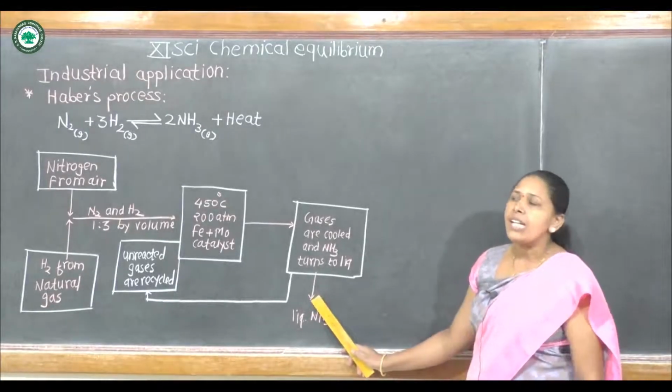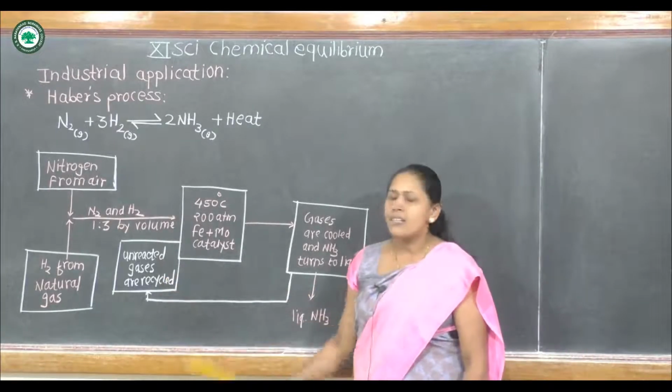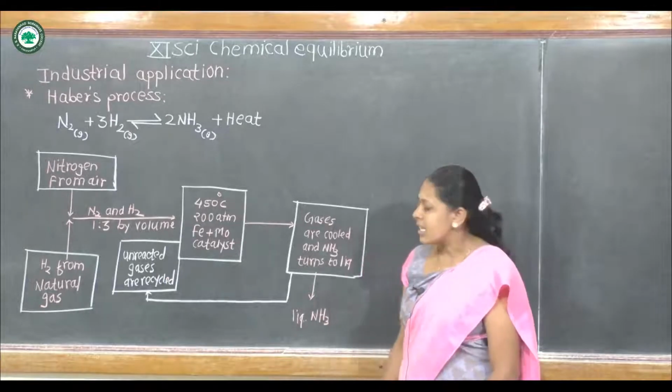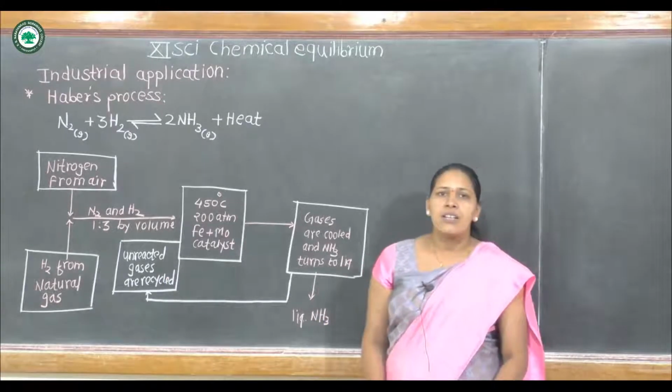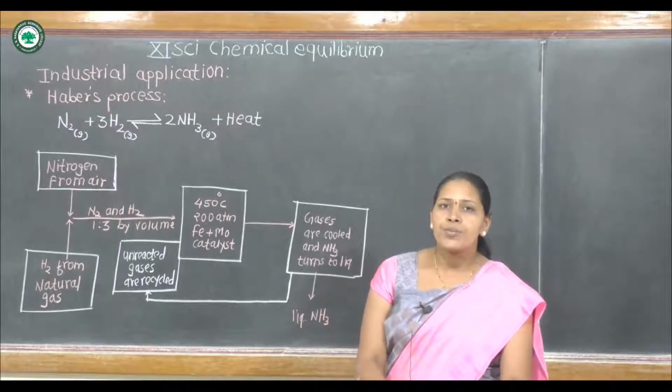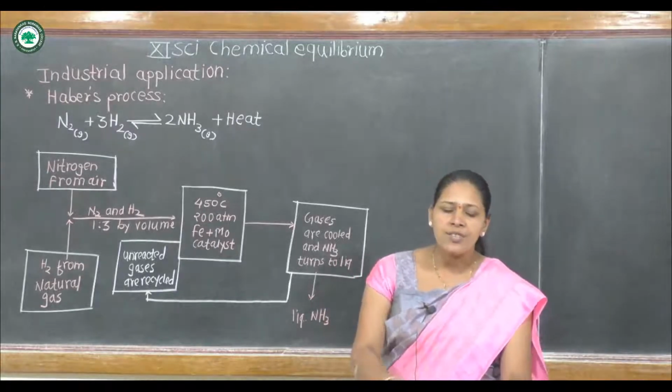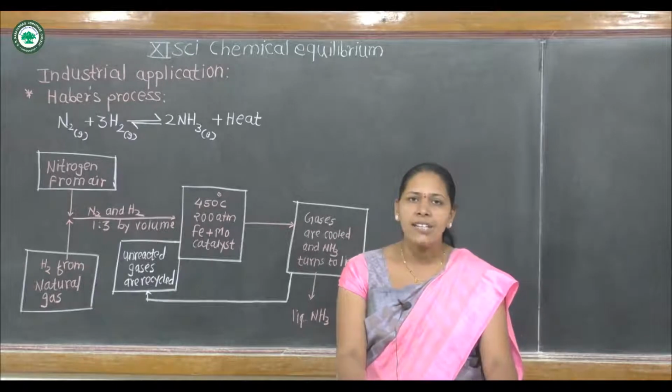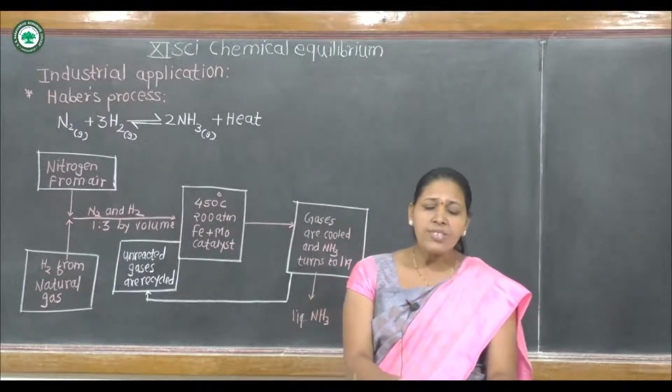Sometimes some unreacted gases are recycled, and liquid ammonia is the product of this reaction. It is called Haber's process, in which ammonia is formed by using hydrogen and nitrogen.